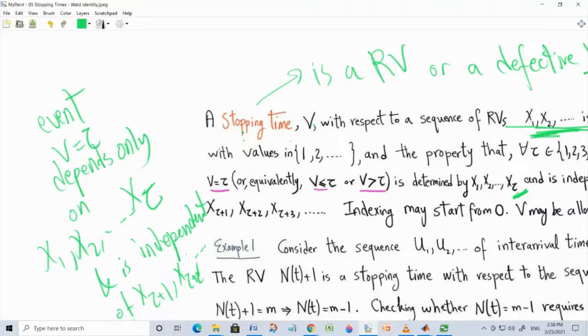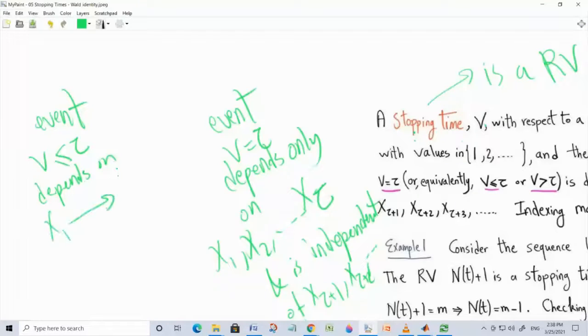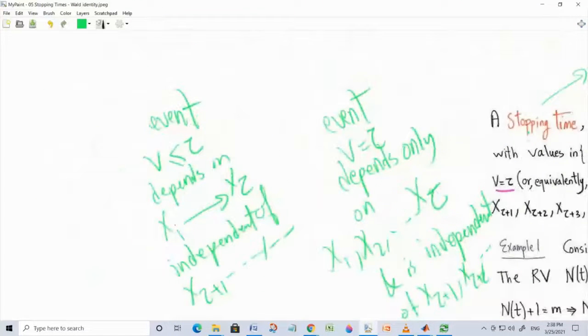If this is true for every value tau, then we say that V is a stopping time with respect to the sequence of random variables x1, x2, x3, and so on. A stopping time can also be defined in terms of the event V less than or equal to tau depending on x1 up to x of tau and independent of x of tau plus 1 to infinity.